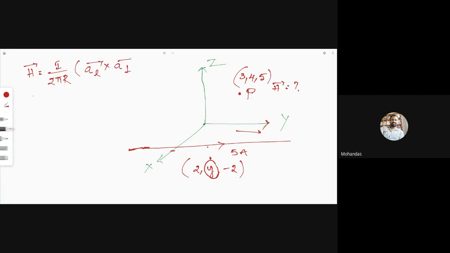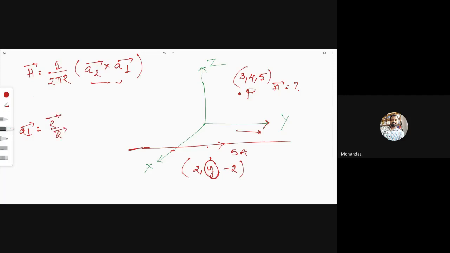From AL cross A perpendicular we can calculate in which direction the magnetic field intensity exists. And A perpendicular equal to r vector by magnitude of r.